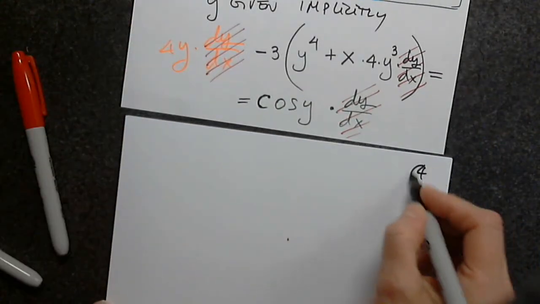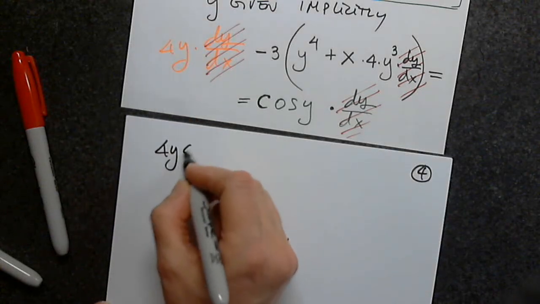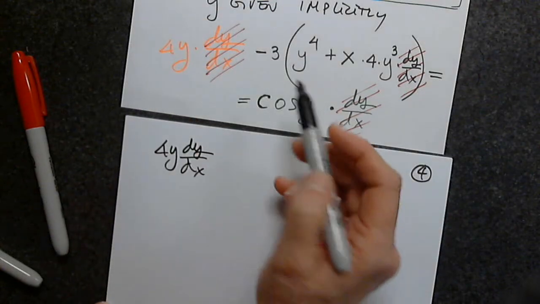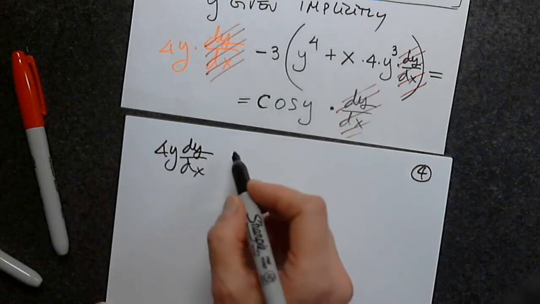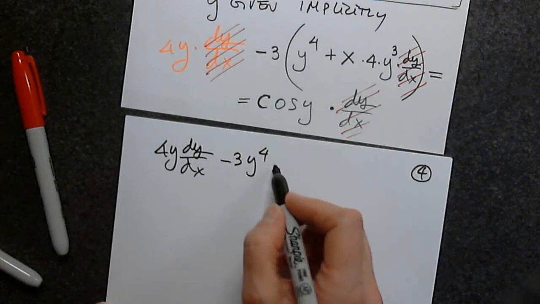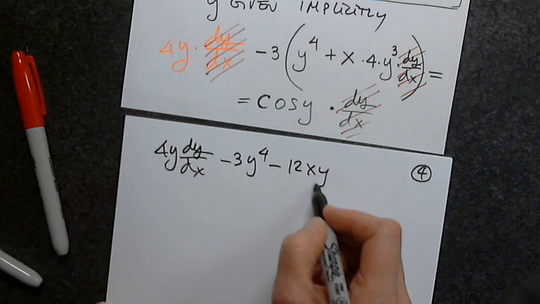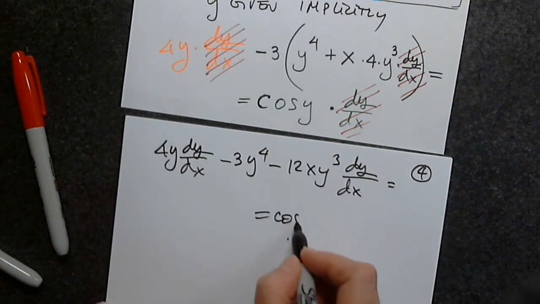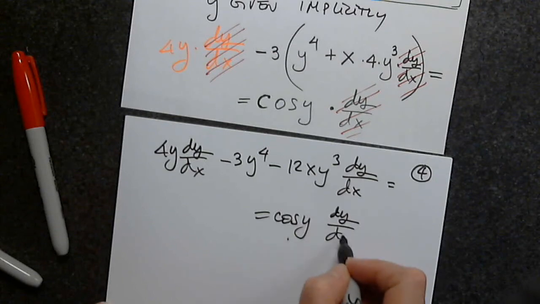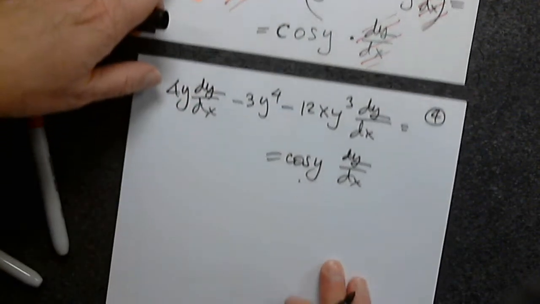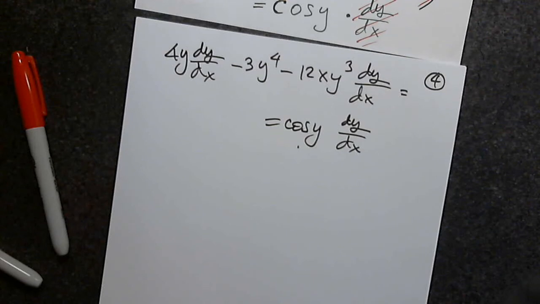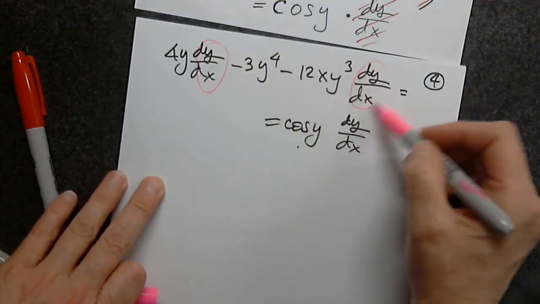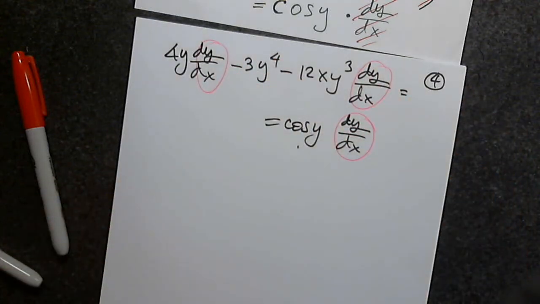So now I have 4y dy over dx. I will distribute -3 to these two terms: -3y to the fourth minus 12xy cubed dy over dx equals cosine y dy over dx. I see two terms with a variable on one side and one term with a variable on the other.